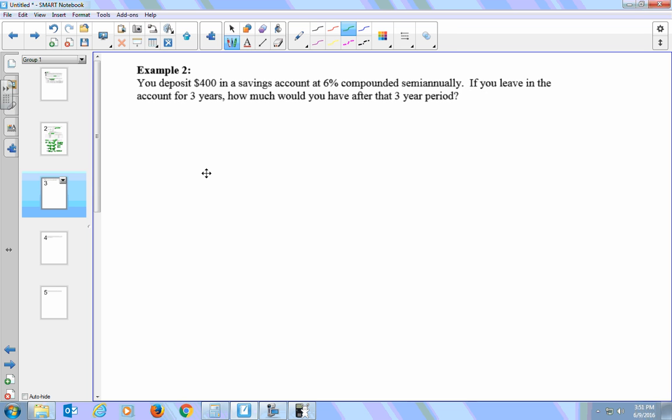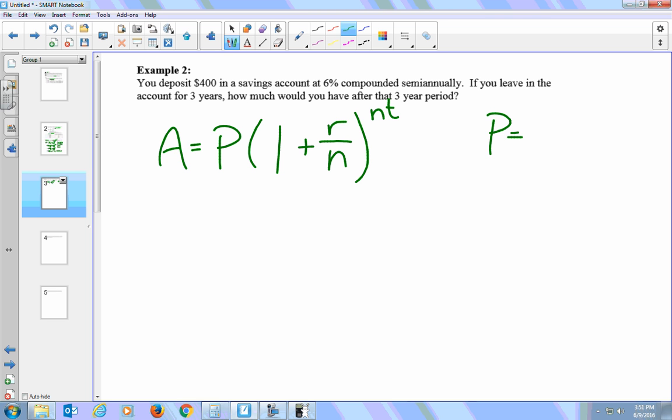You deposit $400 in a savings account at 6% compounded semi-annually. If you leave it in the account for 3 years, how much would you have after the 3-year period? So again, let's write our formula. Our future value is equal to our principal times 1 plus R over N, and then N times T. And over here, we're just going to put in our variables and see if we can pull them out of the question.